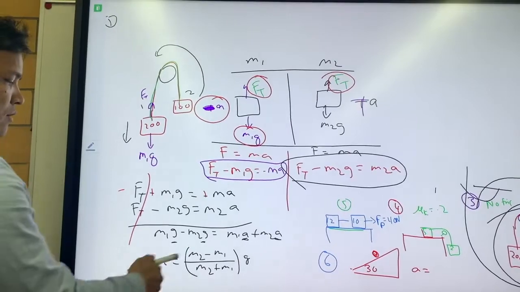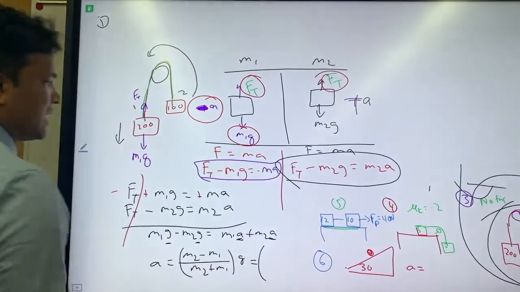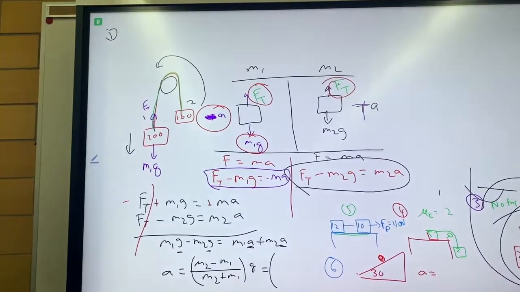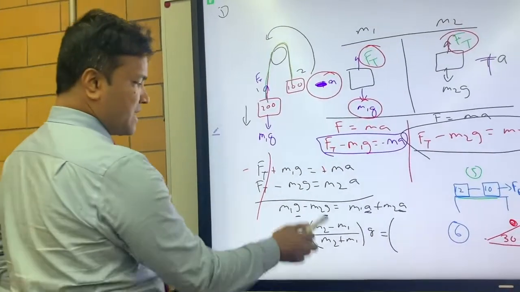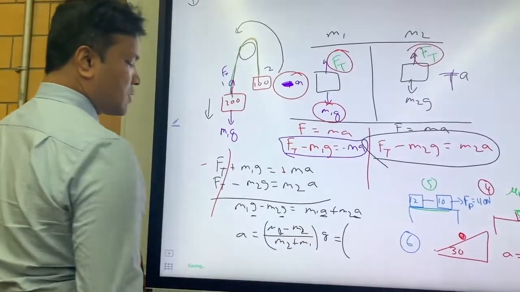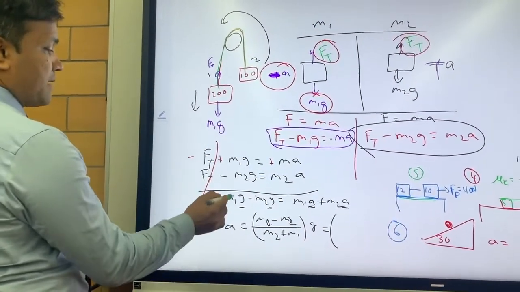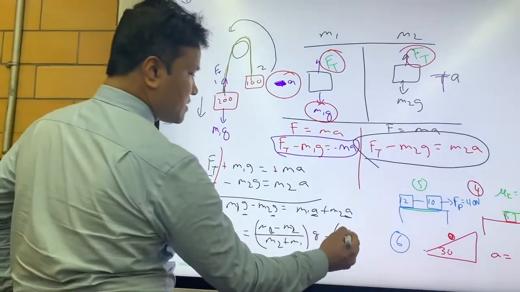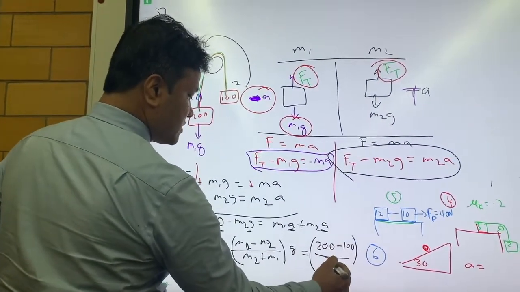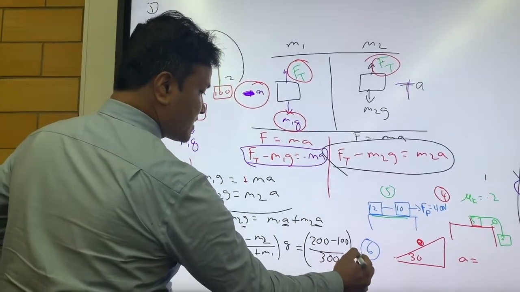Okay? So now, what is m2? Oh, it is m1 minus m2. Okay, m1 minus m2. So what is m1? m1 is 200 minus 100 over 300 times 9.8.